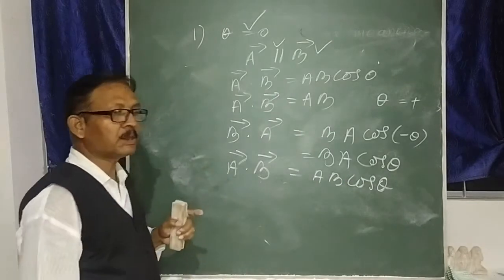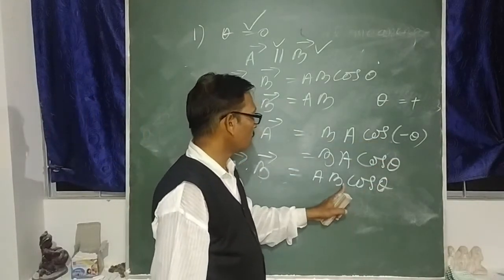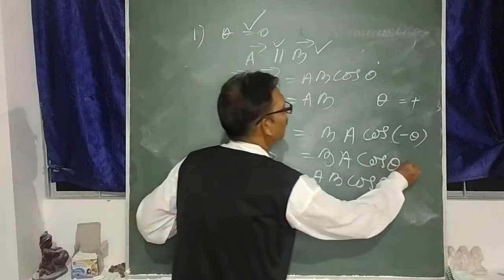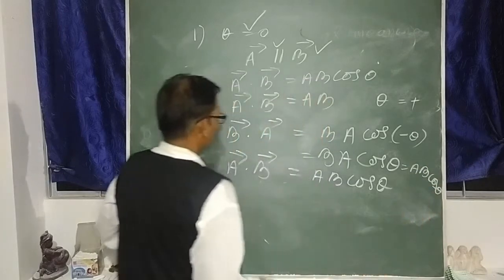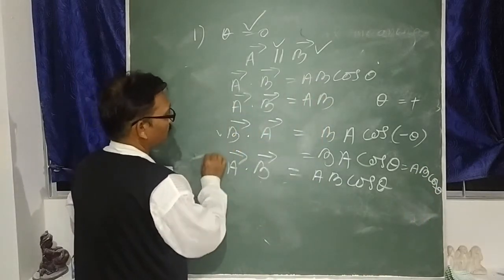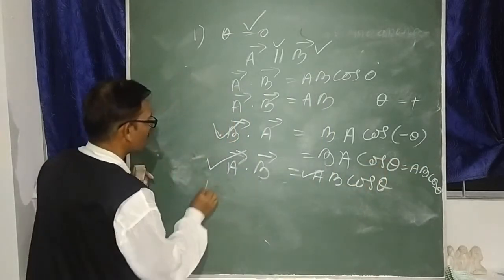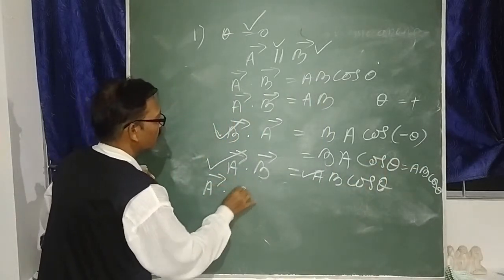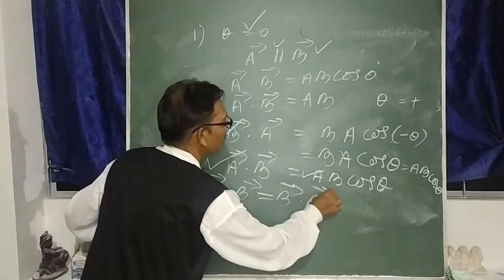Theta in the positive direction means anti-clockwise. So A dot B is equal to AB cos theta, B dot A is equal to AB cos theta. That is, A dot B is equal to B dot A.